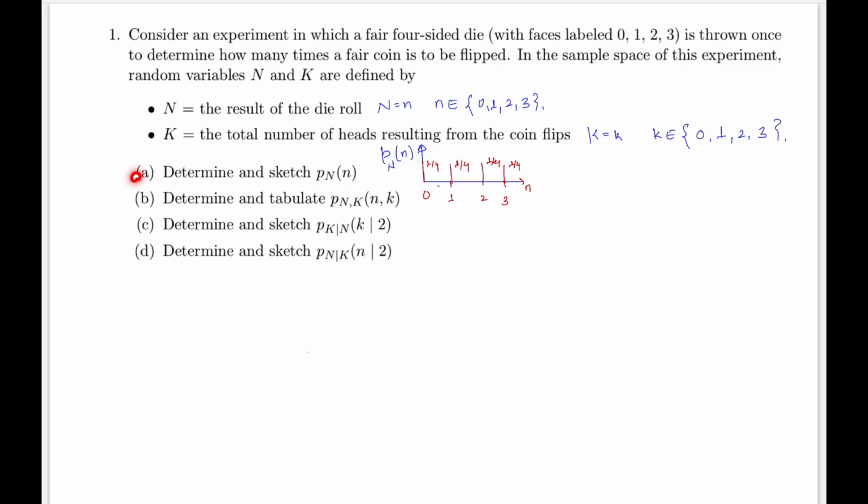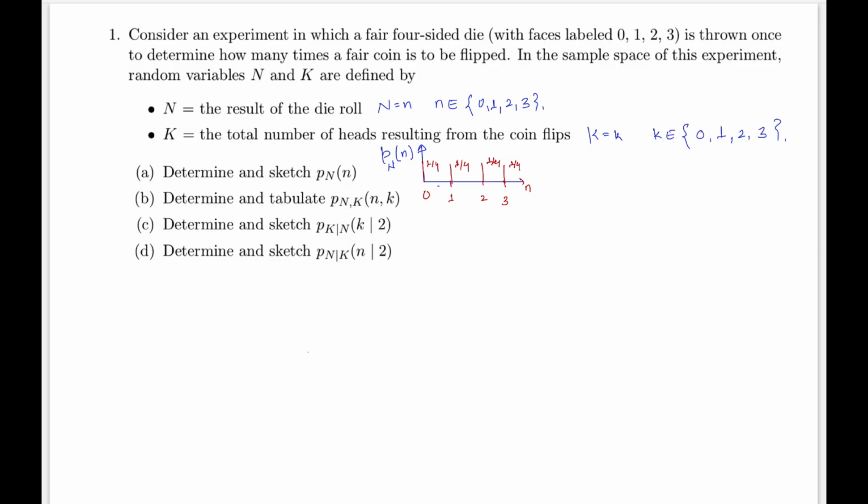Now coming to part B, we have to determine the joint probability. Again, coming to the notation, we are talking about the PMF of these two random variables N and K simultaneously. So overall this is nothing but the joint probabilities.